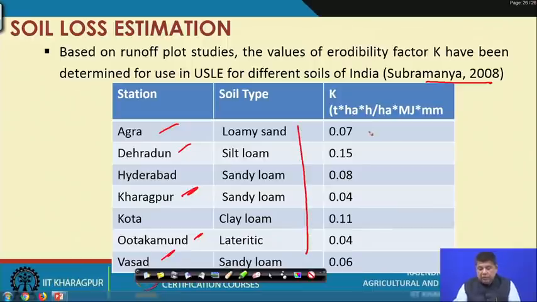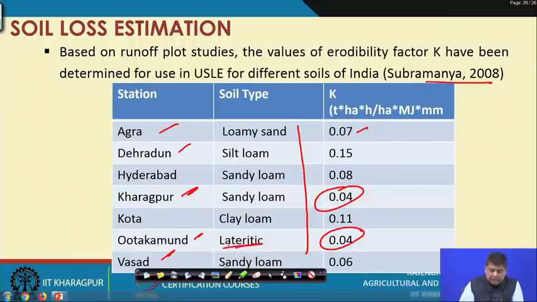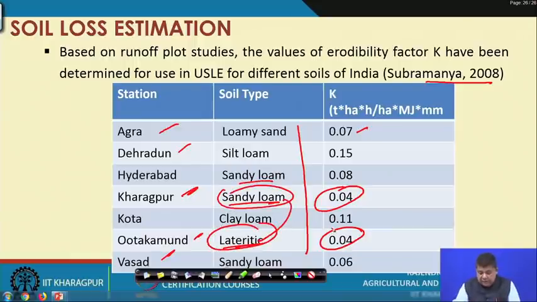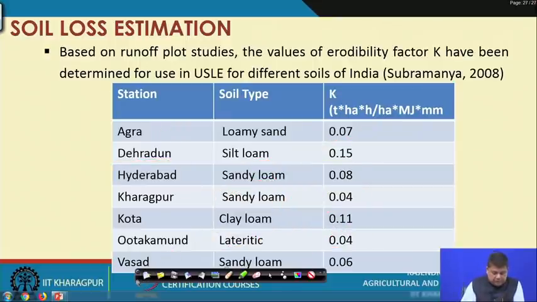The minimum K value is 0.04, in Kharagpur, where the soils are lateritic or sandy loam, and the highest value here is 0.15, which is for silt loam reported from Dehradun. So, these are the experimental values that have been reported which can be used for these kinds of soil types.